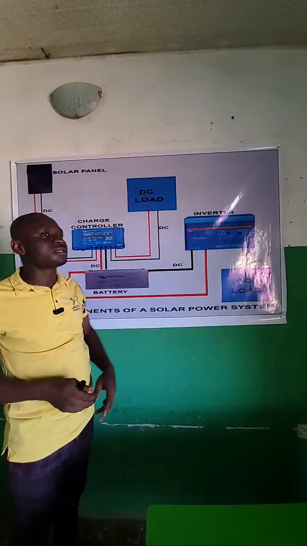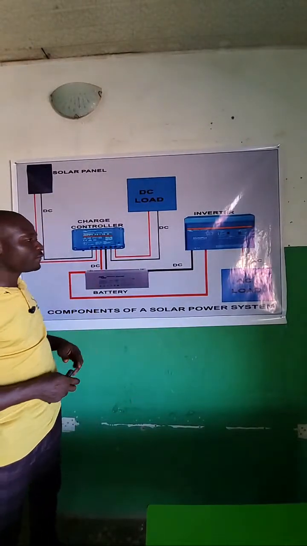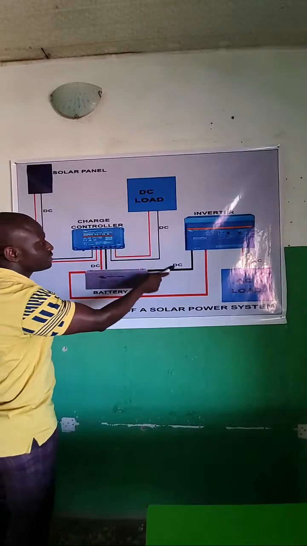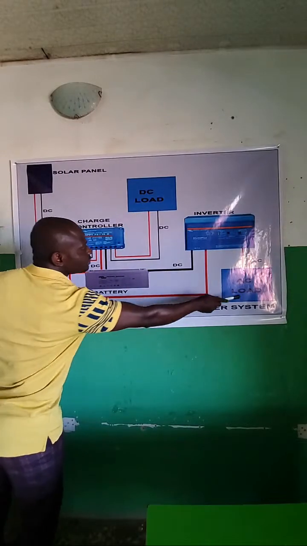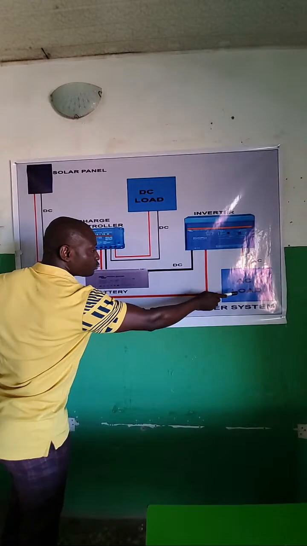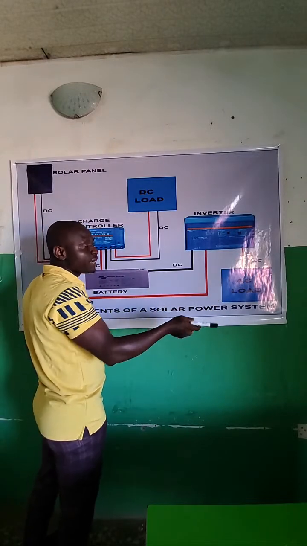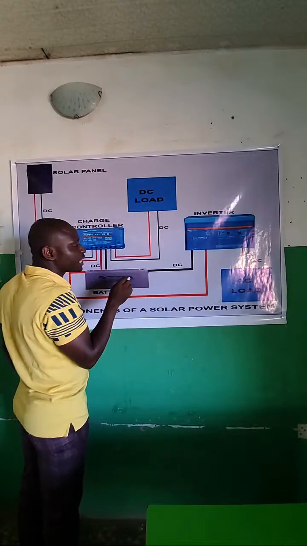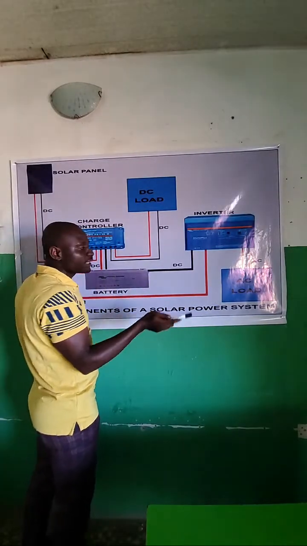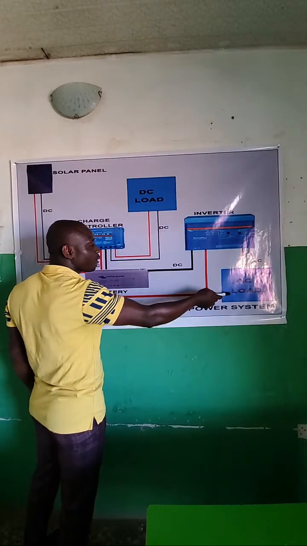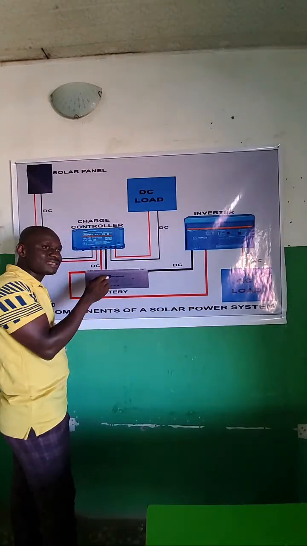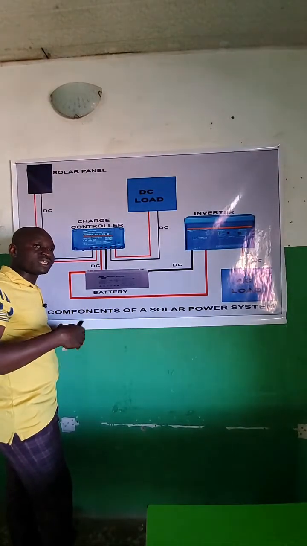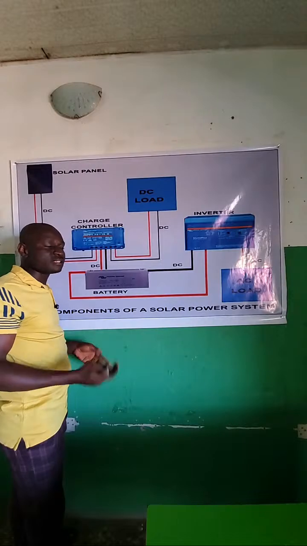Then the next one is the inverter. The function of the inverter is to convert DC. So we need to power our AC load, as you can see here. But you cannot power this AC load directly from the battery. If you connect an AC load, that is an alternating current load, to this battery that is DC, that load will not work because it is not a DC load.